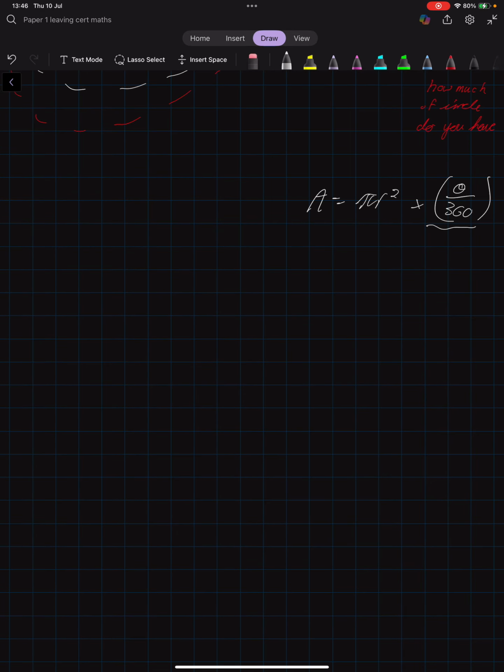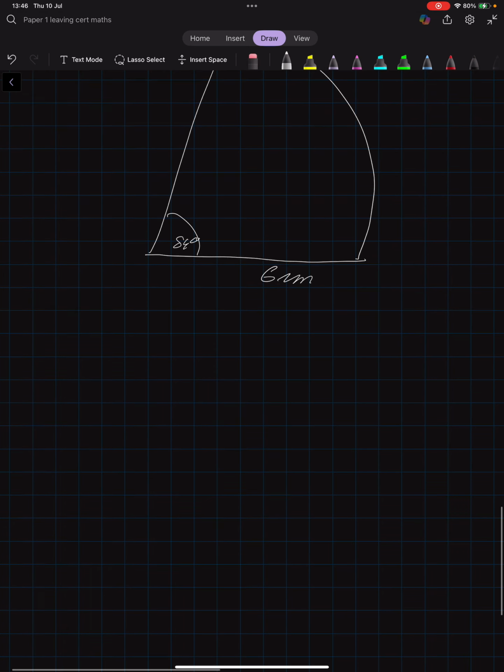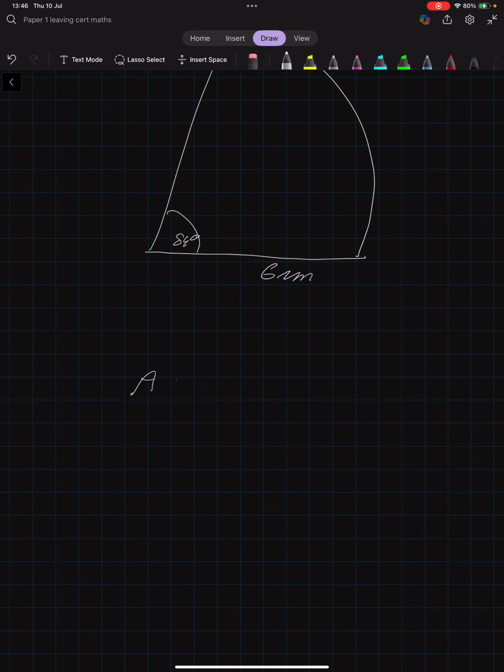That's just to say that if you have something like this, where this is 6 centimeters and this is 84 degrees, how would you figure it out? You would say, okay, so first of all, the area is pi r squared, which is pi times 6 squared, multiplied by 84 out of 360.